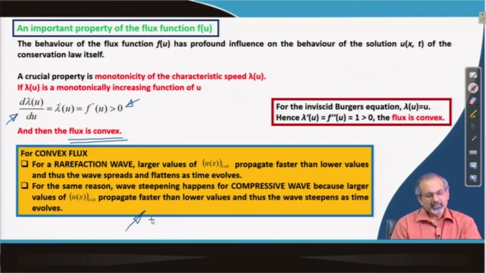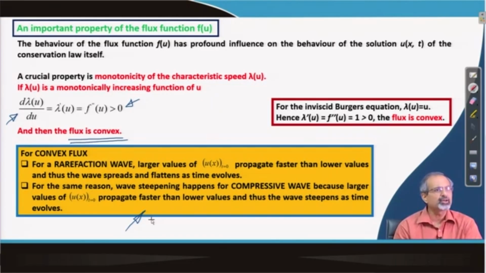In a convex flux situation, for a rarefaction wave, if you have larger values of the initial velocity, they propagate faster than lower values, and thus the wave would spread and flatten as time evolves. This would happen if the leading waves are moving faster than the trailing waves. So, the gap between the leading and the trailing waves keeps increasing with time. The faster ones continue to move faster, slower ones continue to remain slow.